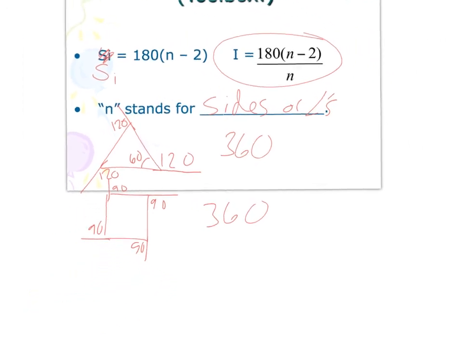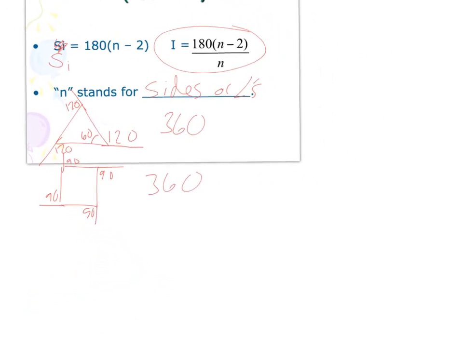Let's see, if I make myself a little more room, if I did a regular pentagon, well, my interior angles of a pentagon, if I figure out my sum, which would be 540, and I divide that by 5, I would end up with 108 for my interior angles.